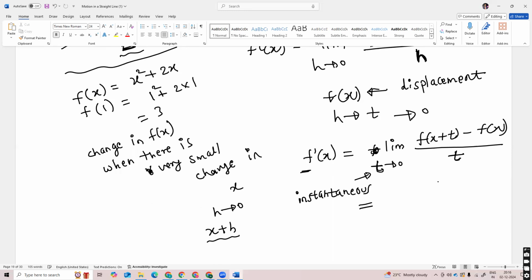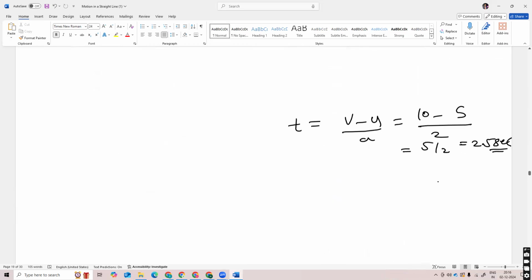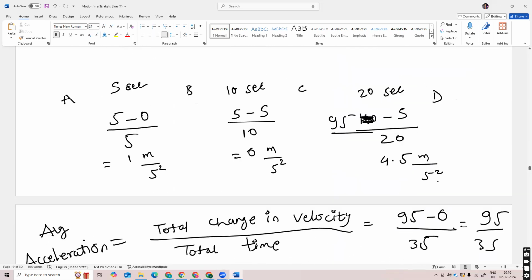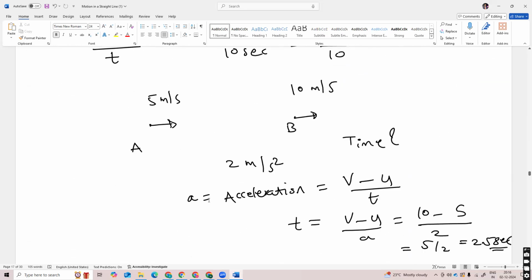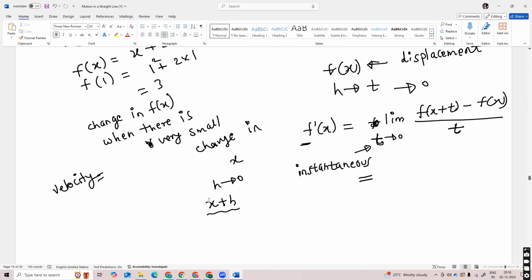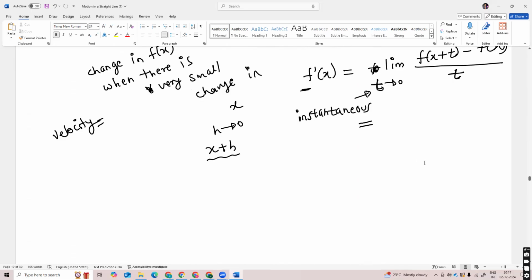And you know that the rate of change of displacement is basically velocity. We have seen velocity is displacement upon time, so when we found average velocity, we found the total displacement and divided it by time.